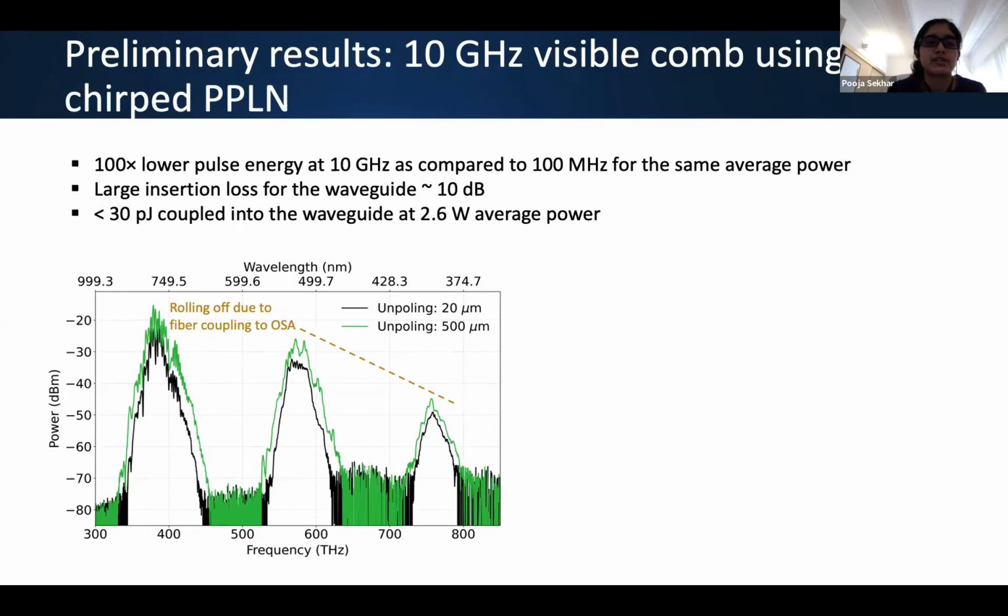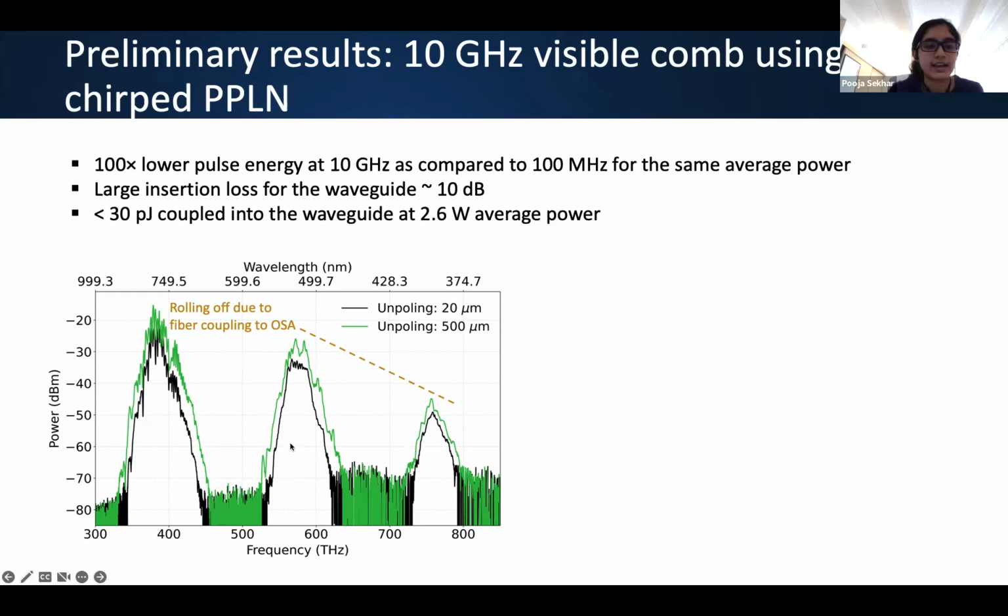This shows the preliminary results we got with our 10 gigahertz 50 femtosecond source that I demonstrated before. The important point to note here is that for the same average power, a 10 gigahertz comb has 100 times lower pulse energy as compared to the 100 megahertz comb. Combined with the large insertion loss for this waveguide of approximately 10 dB, we could couple only less than 30 picojoules onto the waveguide at the available average powers of approximately 3 watts.